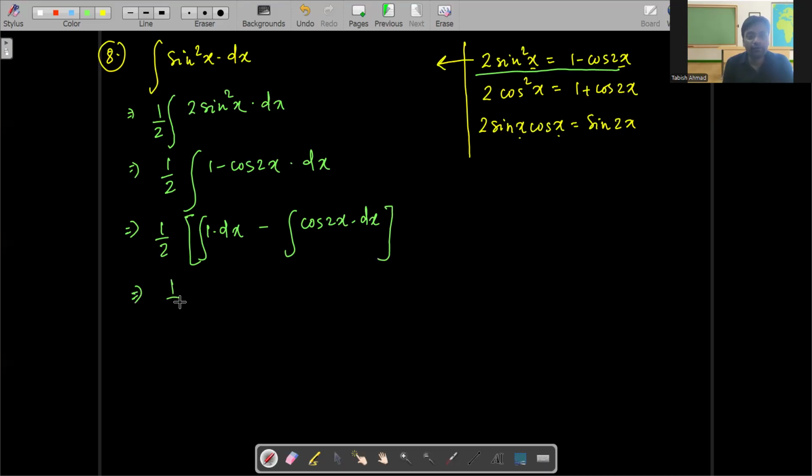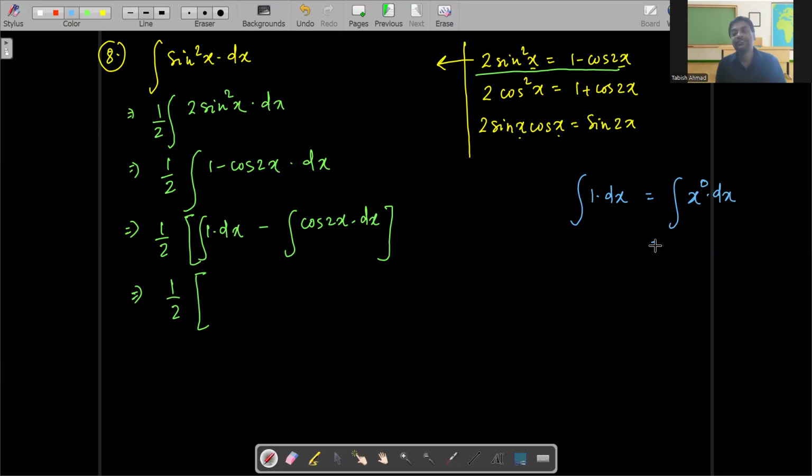Now, integration of 1 dx, how much is that? Okay, I will tell you. Integration of 1 dx we can write as integration of x to the power 0 dx, because anything raised to the power 0 is 1.